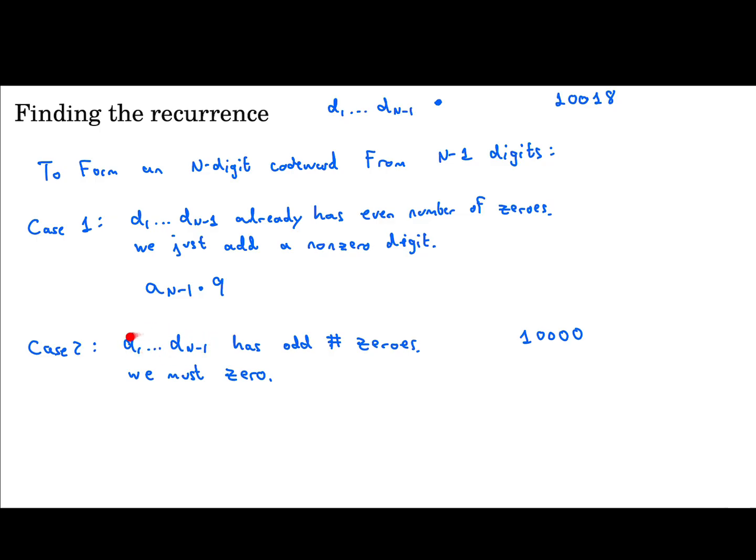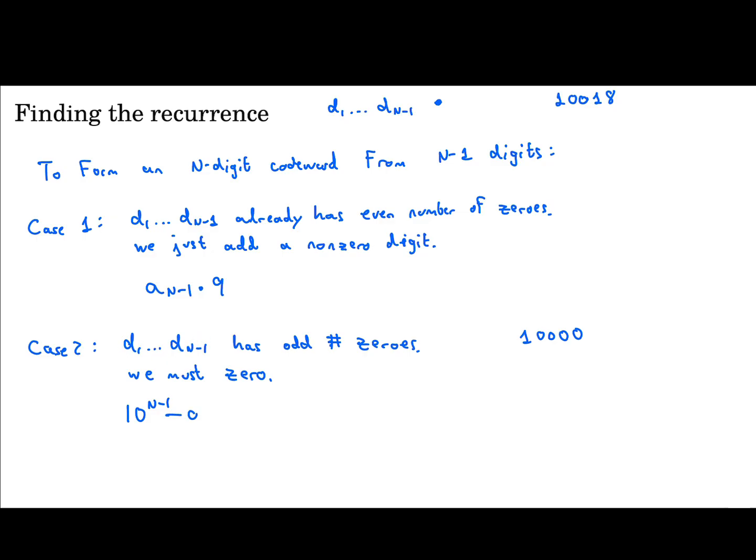Okay, so how many of these exist? We know that a_{n-1} counts the ones that have an even amount, so the rest have an odd amount. So we take all the possibilities: you have 10 choices for the first digit, all the way up to 10 choices for the n minus 1 digit, so 10 to the n minus 1.